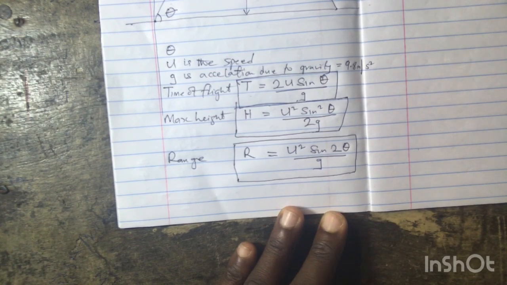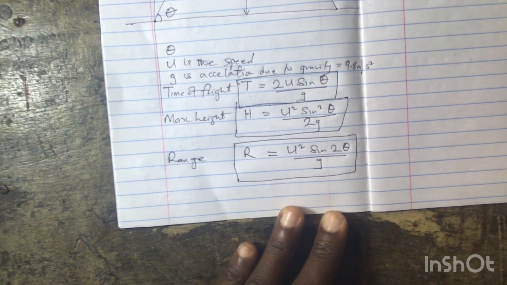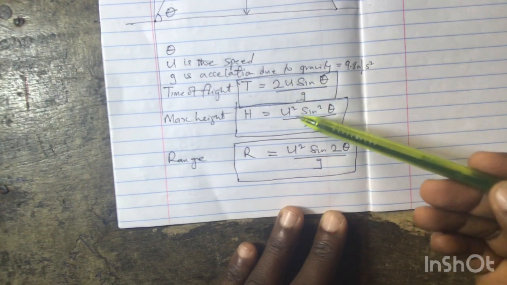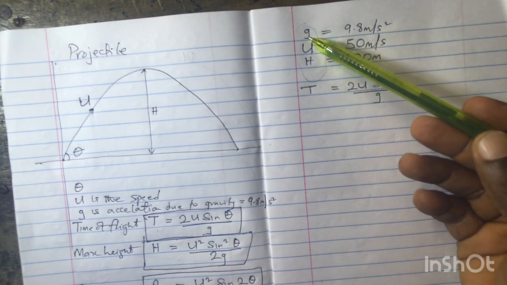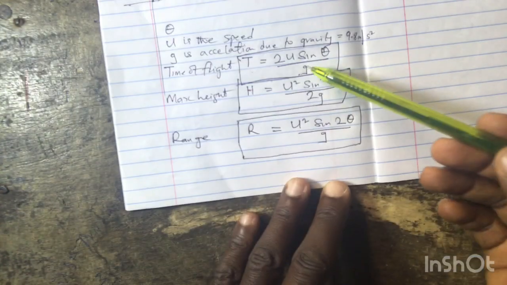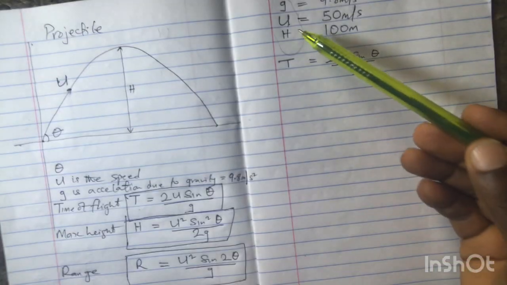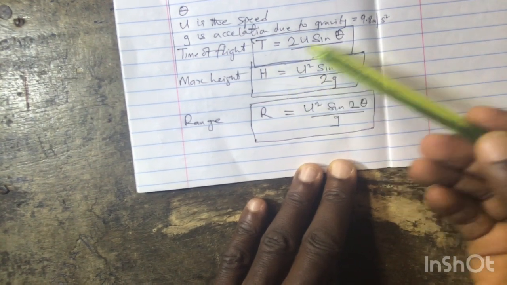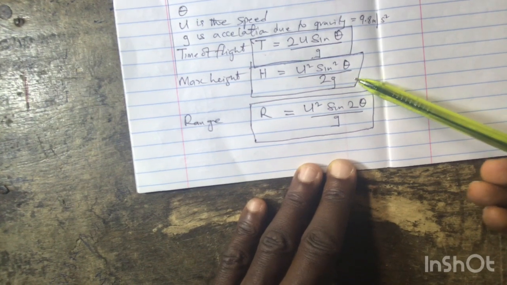So you look at what you have, which formula has it. The speed, they all have it. We still don't know which one to choose. The g, acceleration due to gravity, they all have it. We still cannot decide. The h, which one has it? This one has it. No one else has it. So we go with this. We have to go with this.